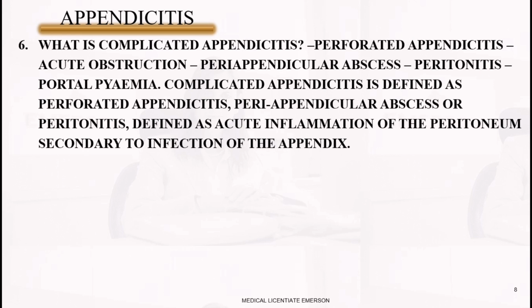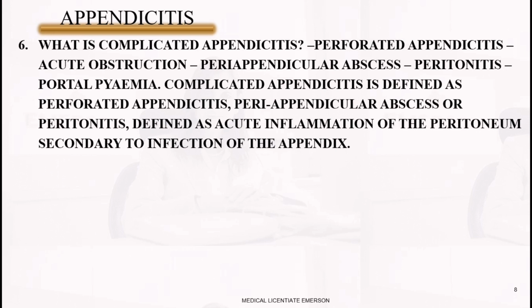Then we have appendicitis continued. What is complicated appendicitis? How do you define complicated appendicitis? This is when there is perforated appendicitis which leads to acute obstruction, and there is periappendicular abscess which leads to peritonitis and eventually portal pyemia.